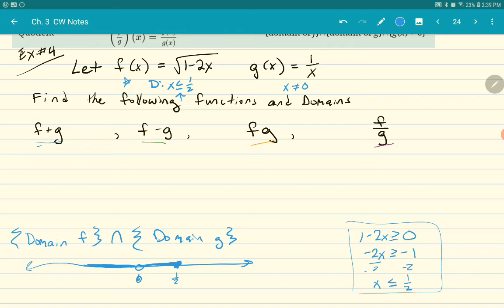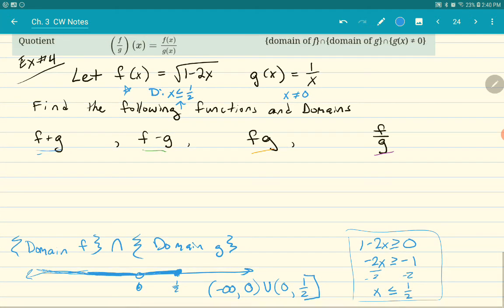Intersection means both those things have to be true. It is less than or equal to 1/2, and it's not equal to 0. So to write that in interval notation, I have to start at negative infinity, go all the way up to 0, leave out the 0, and then continue on to 1/2 and include 1/2. So that should be my domain restriction for the first 3 operations.